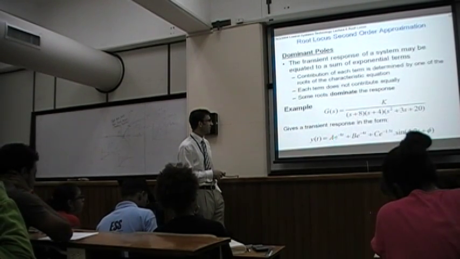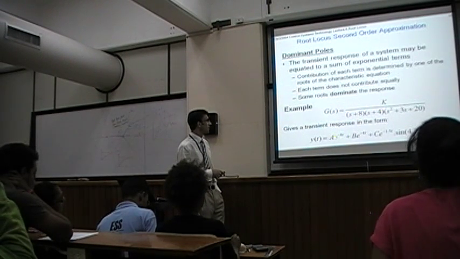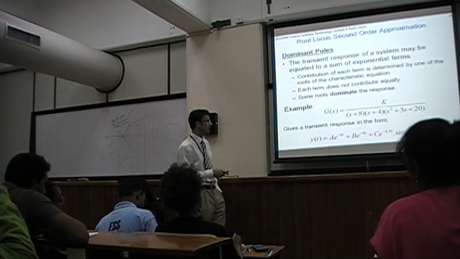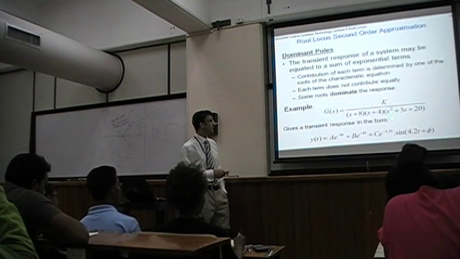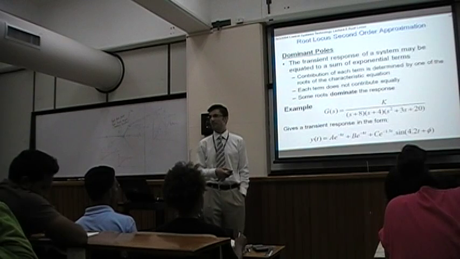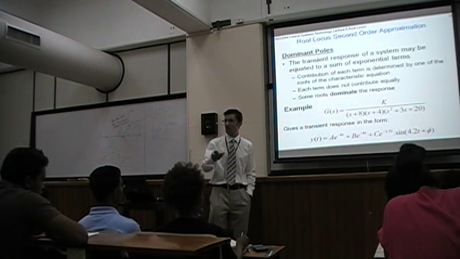A e to the minus 8t, we get that from this term here, plus B e to the minus 4t, we get that one from here. And then this one's complex. You get the roots of this quadratic, they're complex. We can express complex numbers in different ways, either as e to the real plus imaginary part.